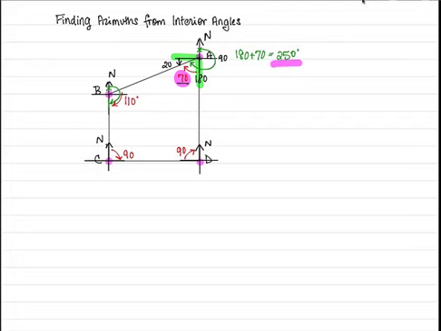So 90 minus 70 is 20. That means that this angle must also be 20, because this angle and this angle are the same.